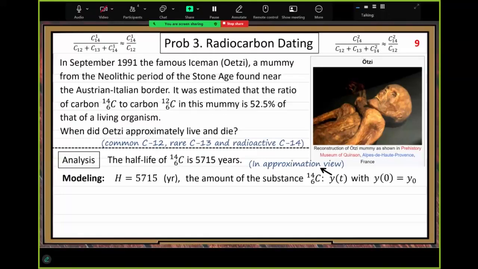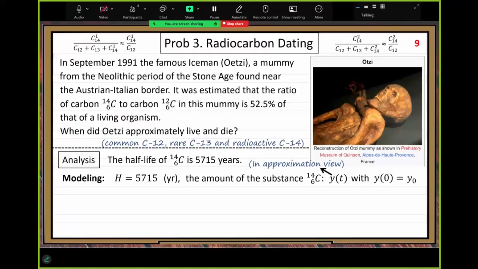When we use that ratio, with carbon 12 at the denominator, we assume the amount of carbon 12 never changes in the organic object. Carbon 12 never changes, relatively stable.